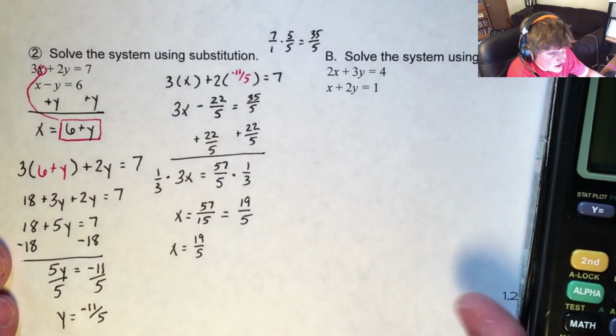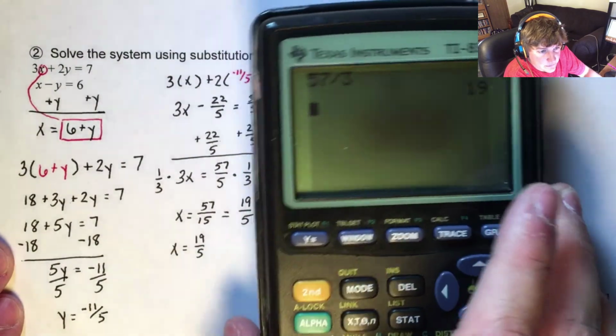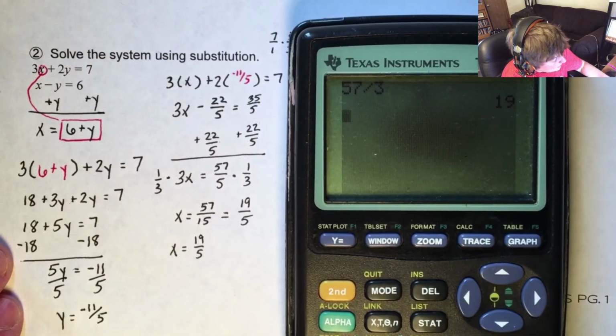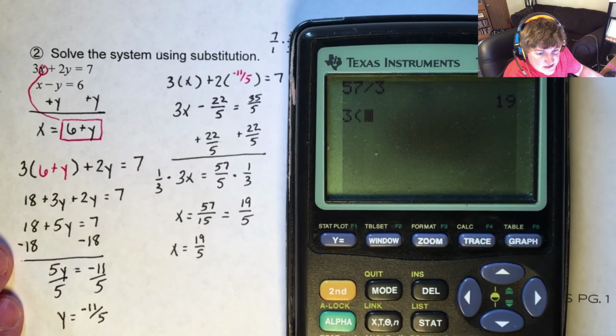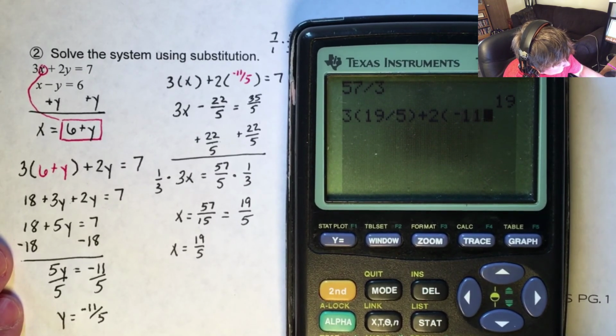So let's go ahead and check our work. Let's use a calculator this time. I'm going to take the top one, 3, and then instead of x, I'm going to put 19 over 5. And then I'm going to add to it 2 times negative 11 over 5. And I get 7, so that balanced out. Then let's do the same thing for the other one.